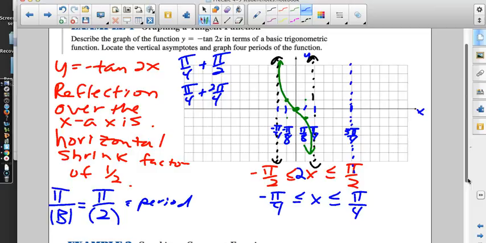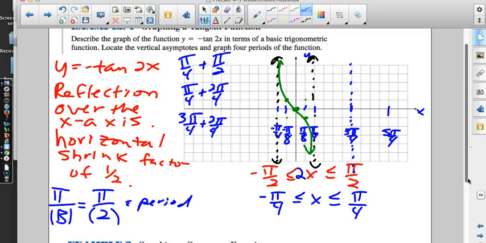Now maybe you can see the pattern so we don't have to do the math. Negative pi over 4, pi over 4, 3 pi over 4. What would the next one be? Well, then we better do it by hand. Yes, see how it's the odd integers? Negative 1, positive 1, 3, 5.